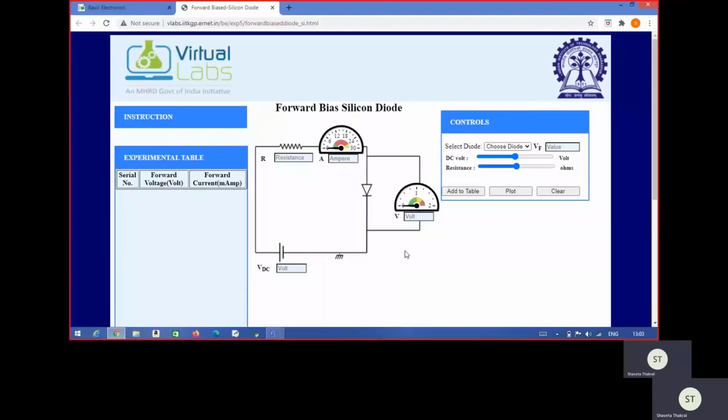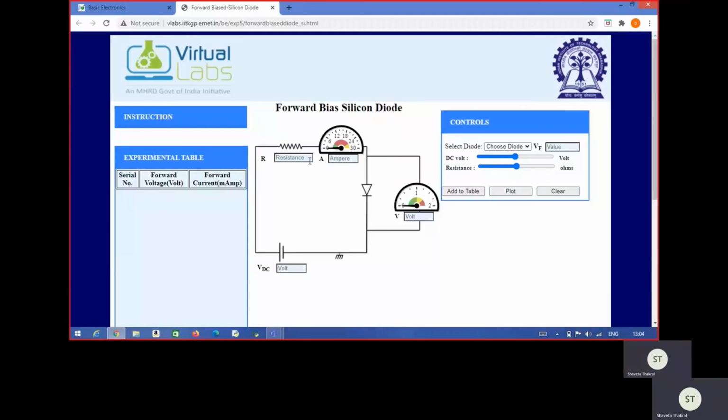So what are the steps that need to be followed here? First of all, we need to understand this circuit diagram. In this circuit diagram we see the PN junction diode, and as we are plotting the VI characteristics of the PN junction diode under forward biasing, the P type material of the diode should be connected to the positive potential of the battery, and the N type material should be connected to the negative potential of the battery so that it gets forward biased.